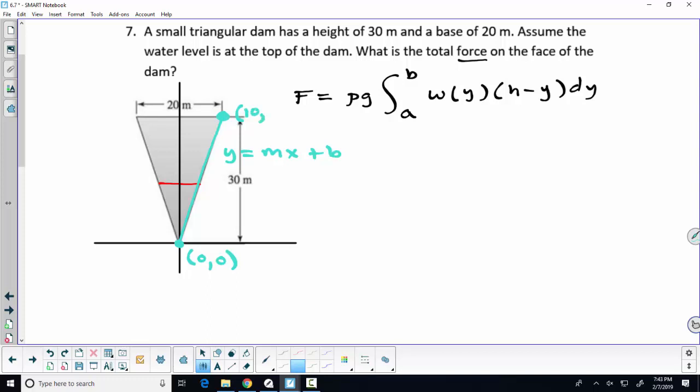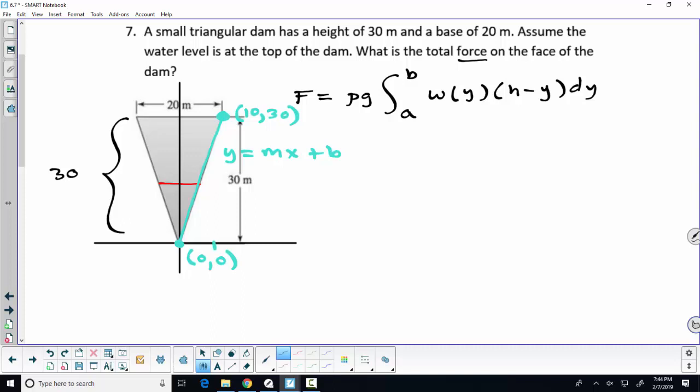Uh, 10 comma 30. What do y'all think? Is that 10 for its x value here? Half this, yeah. And then the height of it is 30. What's given to us is 30. Okay, so much easier to establish the equation of that line because it doesn't have a y-intercept.